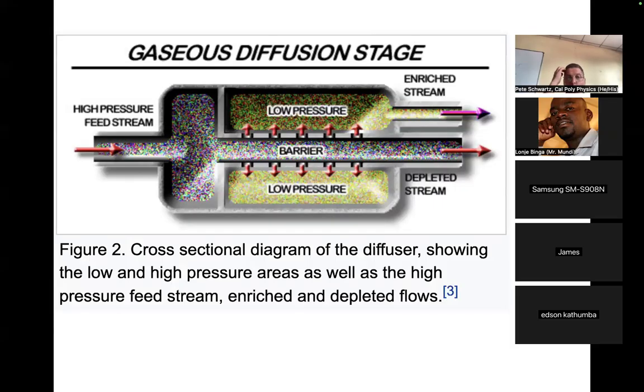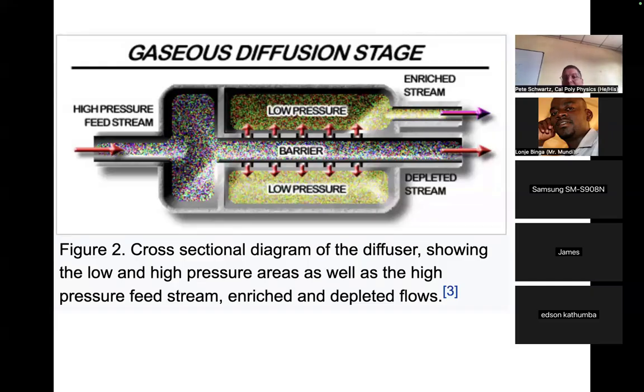And so how this works is they have a membrane. You feed the gas in here under pressure, and there are little holes just big enough for the molecules to get through, and you push it out, right?